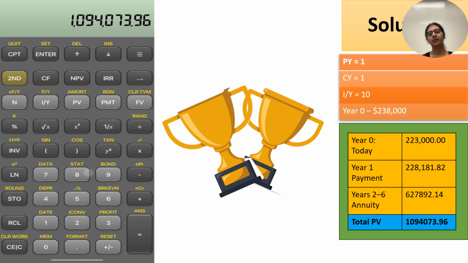Now in the next step, we discount the present value to year 0. We press second, CLR TVM, then n equal to 1 and I/Y equal to 10, future value equal to 689,385.90, and our payment is 0.